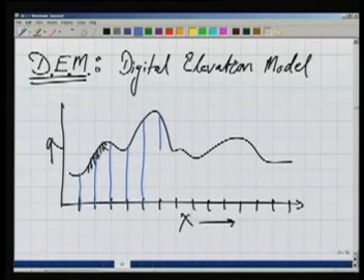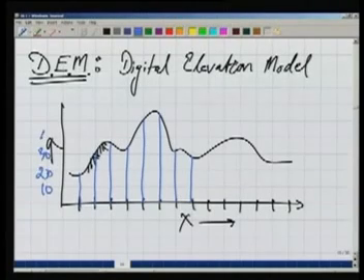Now for each interval, if you look at the ground, it will have some height. Let us say the heights here are 10 meter, 20 meter, 30, 40, 50. On the basis of this, I can give a height in between 20 and 30 to this particular cell. So this is 25. Over here, I give it as 35. Over here, again 35.